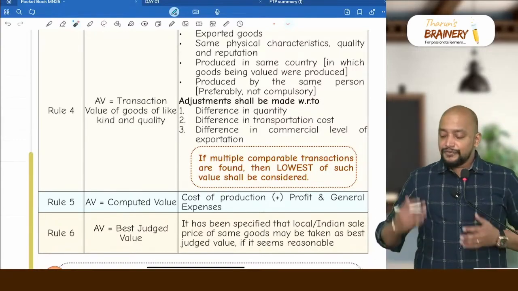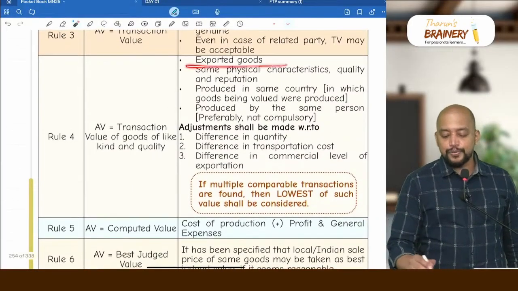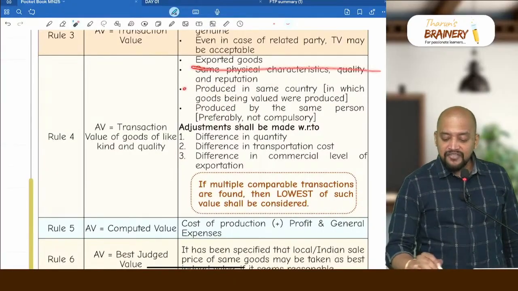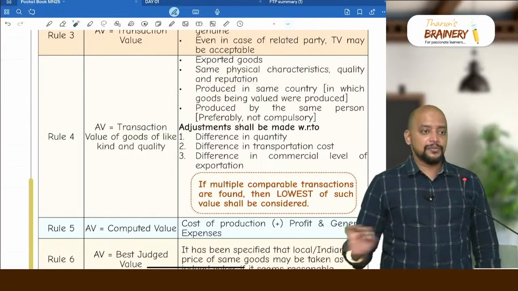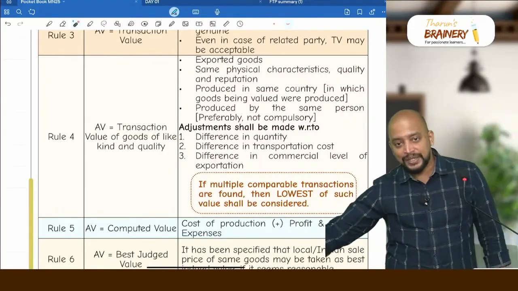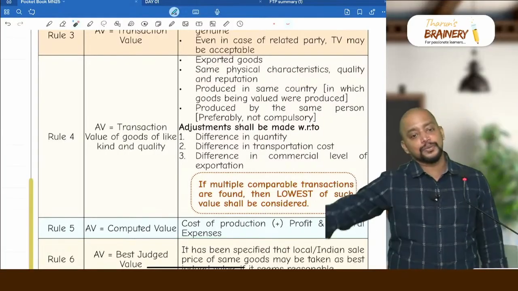In that case we need to see the comparable price. What is a comparable price? That should also be exported. The comparable should also be exported, with the same physical characteristics, quality and reputation; everything should be the same. For example, ours is a diesel engine, so that should also be a diesel engine. Ours is, say, 1500 cc, so that should also be 1500 cc.